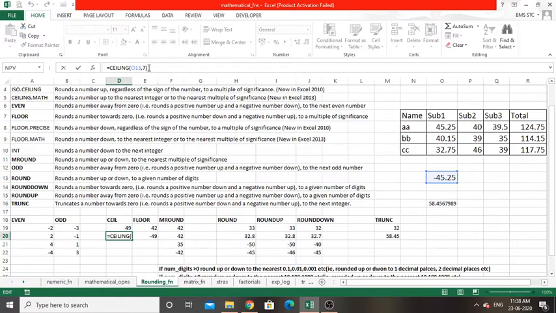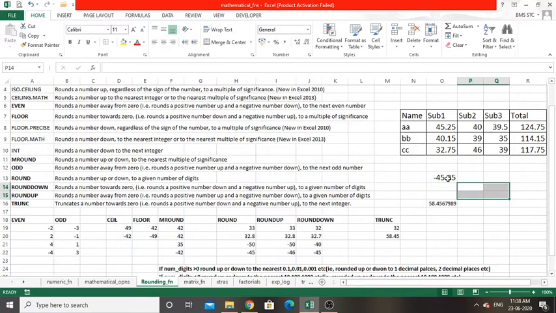Here, minus 45.25 was the number we passed in the ceiling function, and the significance value was 7. So the number which is greater than minus 45 is minus 44, right?